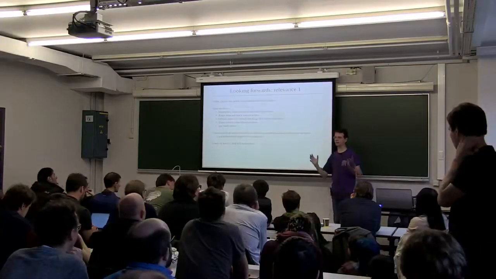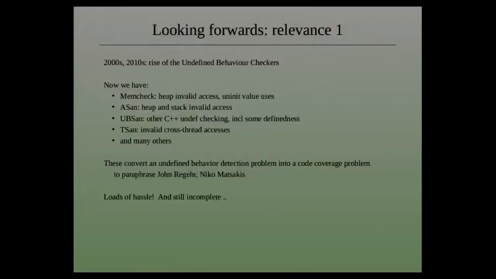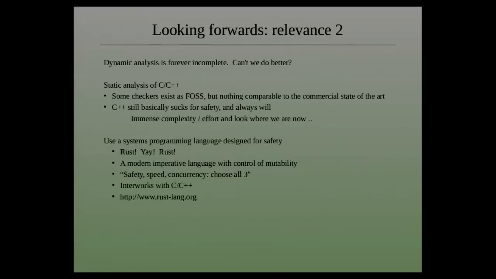If you're really good at testing more stuff in your code, if you have more test cases, then you can find more bad stuff, more things that are going to cause problems later. But this is actually a huge amount of hassle, and it's never complete. So no matter how much testing you do, you can never be sure that you're going to pick up everything.